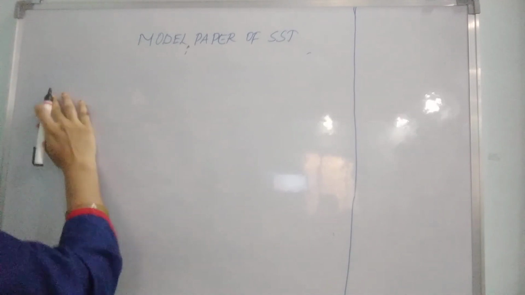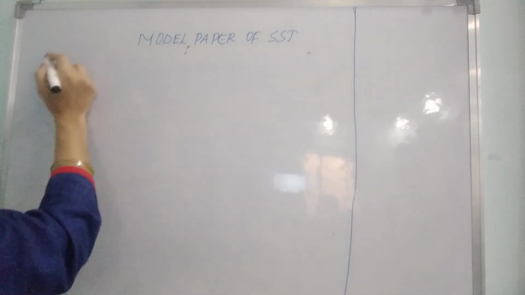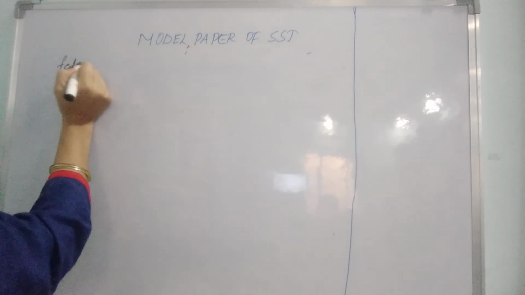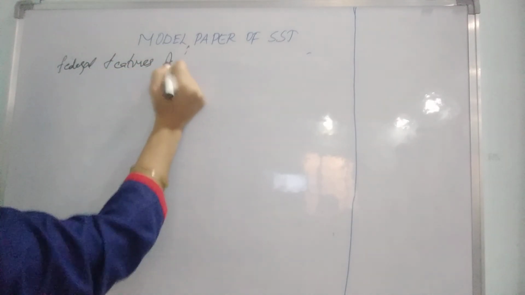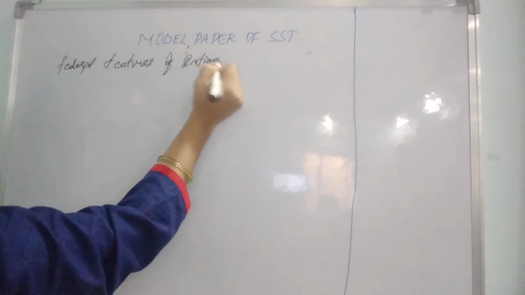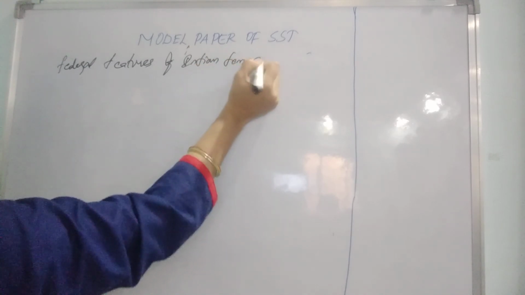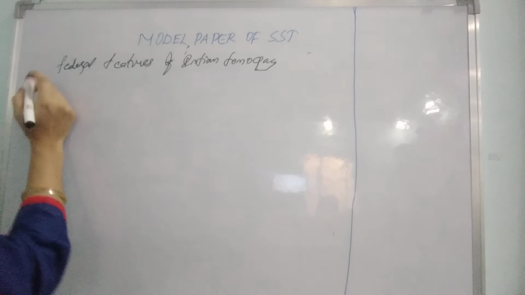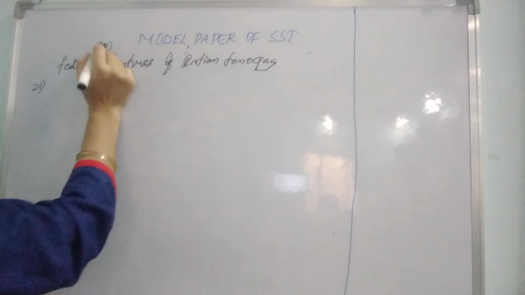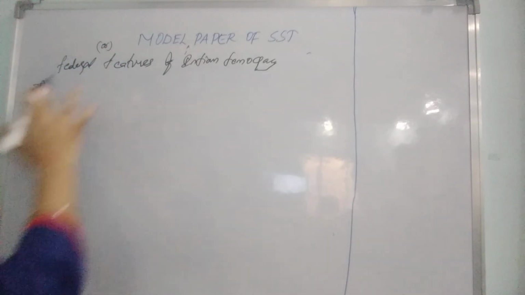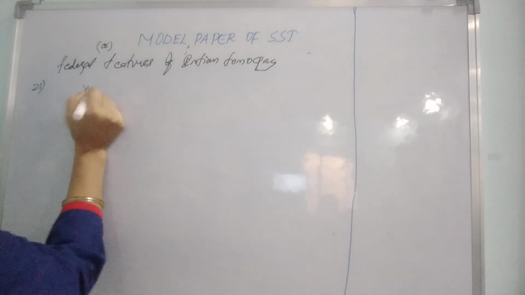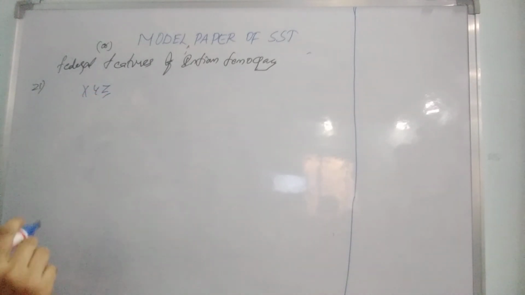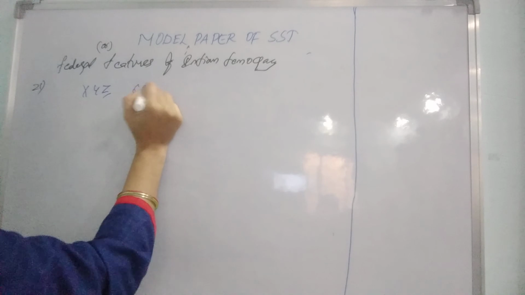Or describe any 3 federal features of Indian democracy. Like that it will ask. And the next question is: imagine yourself to be XYZ, a member of a women's self-help group.